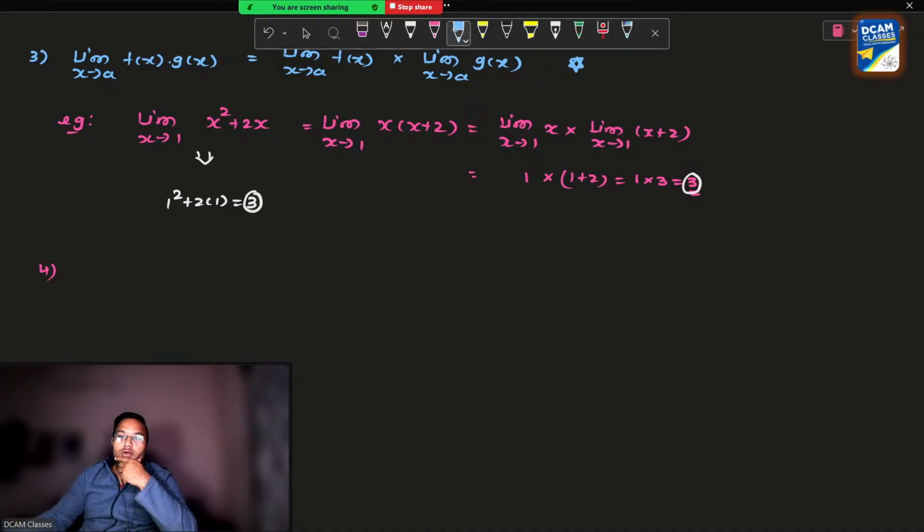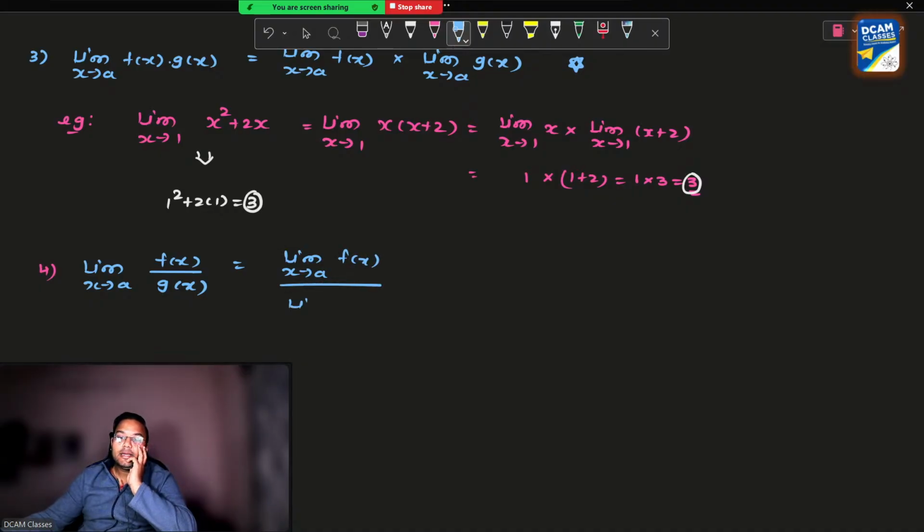Yes, sir. Now coming to the fourth property. This third one is an important property, because here is where students get confused. The fourth property is, limit x tending to a, if you have f of x divided by g of x, the limit applies individually, meaning it becomes limit x tending to a of f of x divided by limit x tending to a of g of x.